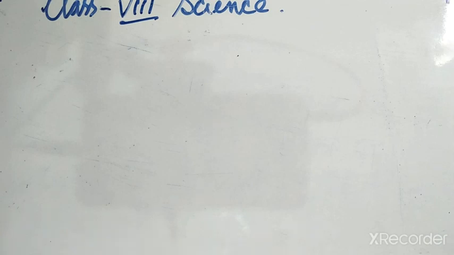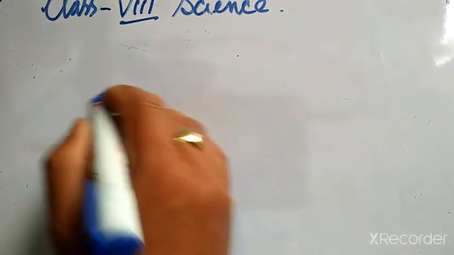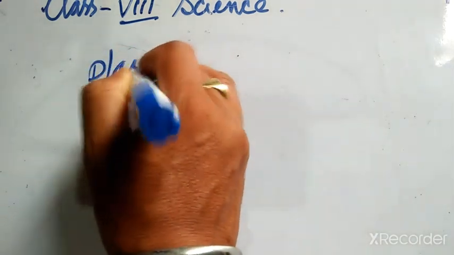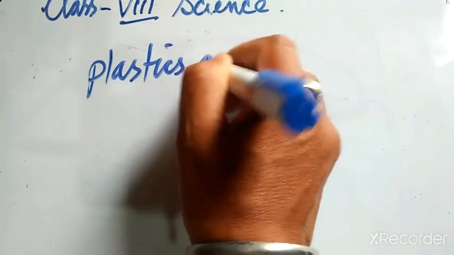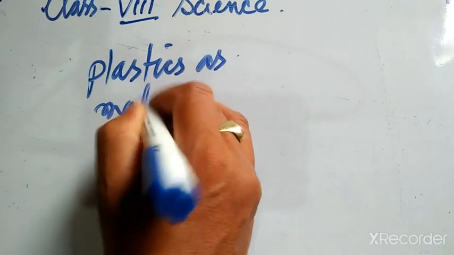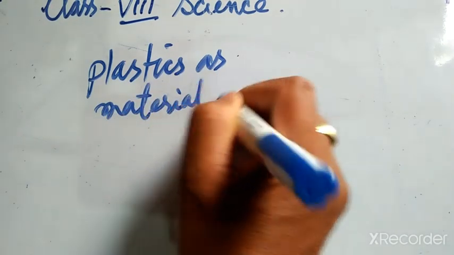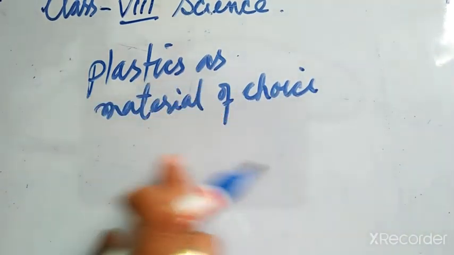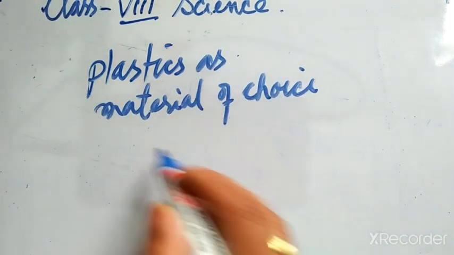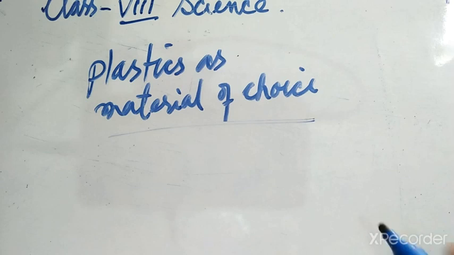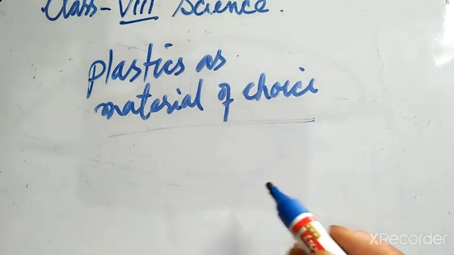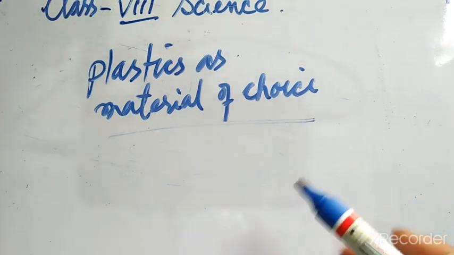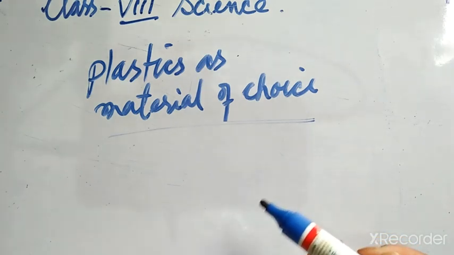Plastics as materials of choice. Today, we think of storing a food item, water, milk, pickles, dry fruit, etc. Plastic containers seem most convenient.